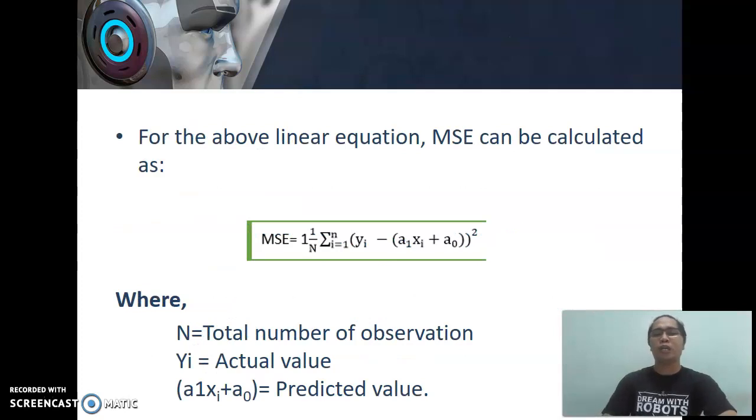For the above linear equation, MSE can be calculated using this formula, where n is the total number of observations, y sub 1 is the actual value, and a sub 1 x sub 1 plus a sub 0 is the predicted value.